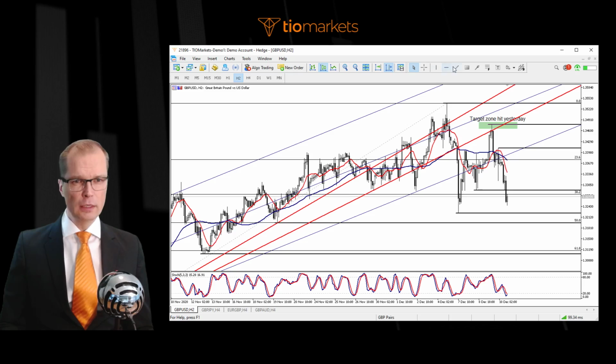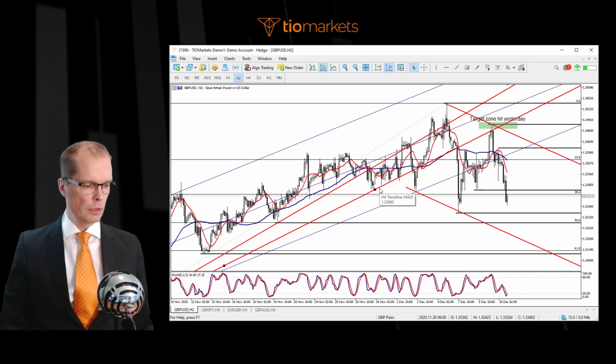If we connect these 2 points here, we have a downtrend beginning here. So this gives us an idea that the market might be going lower in the future as well.